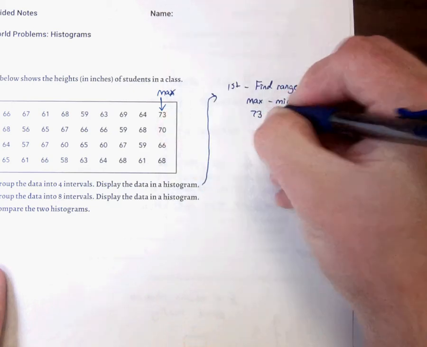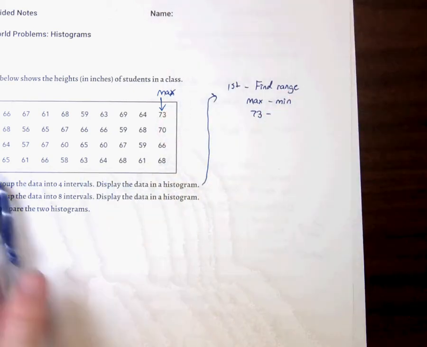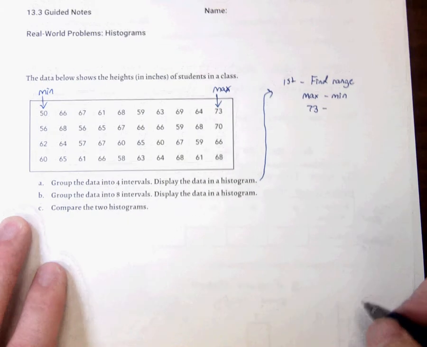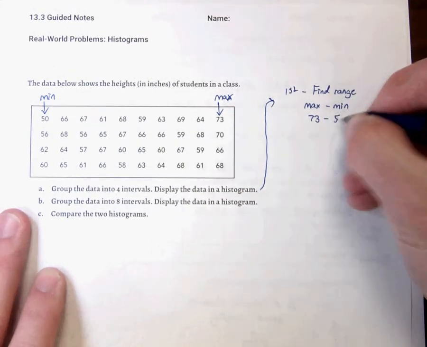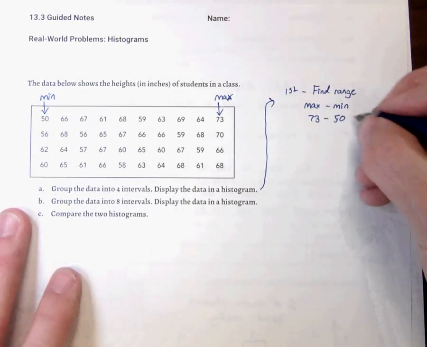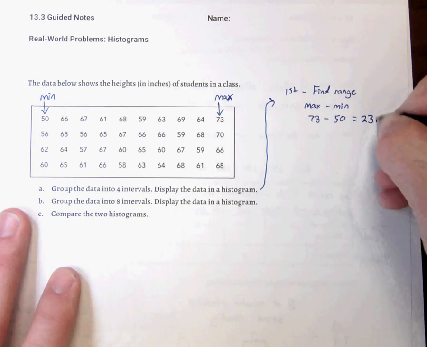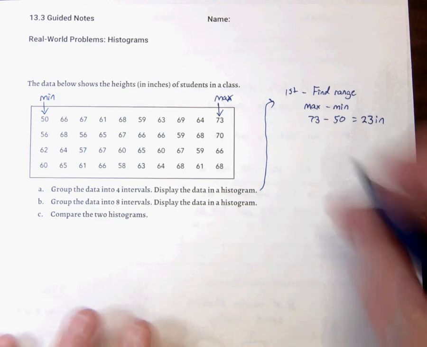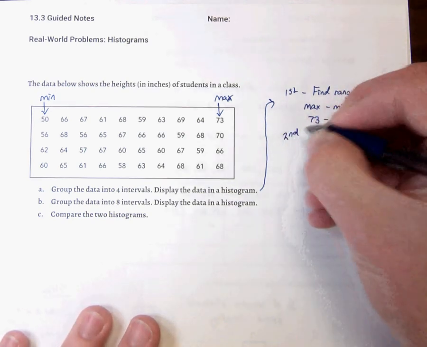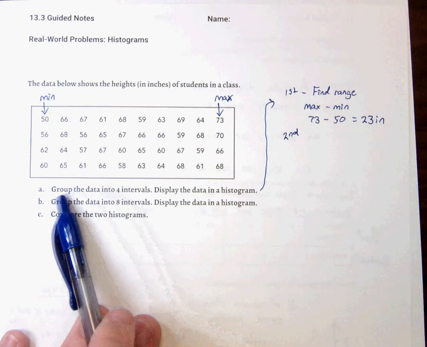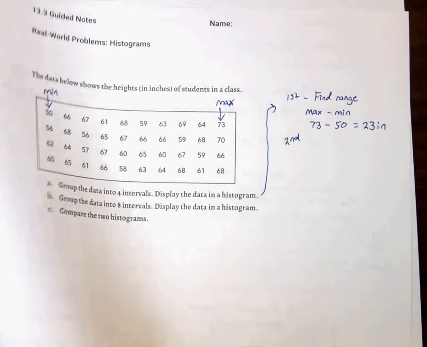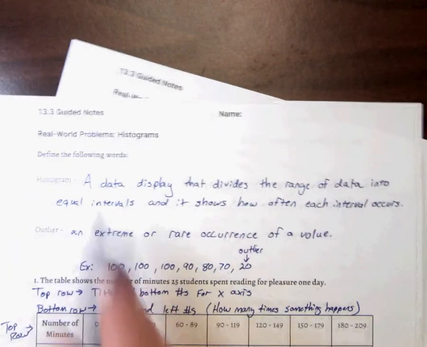That's our range. Next, what are we going to do with that? Since it says group the data into 4 intervals, and based on the fact that our definition of histogram is that it's a display that divides the range, we're going to divide our range into 4 groups. So we're going to divide range into number of intervals needed.